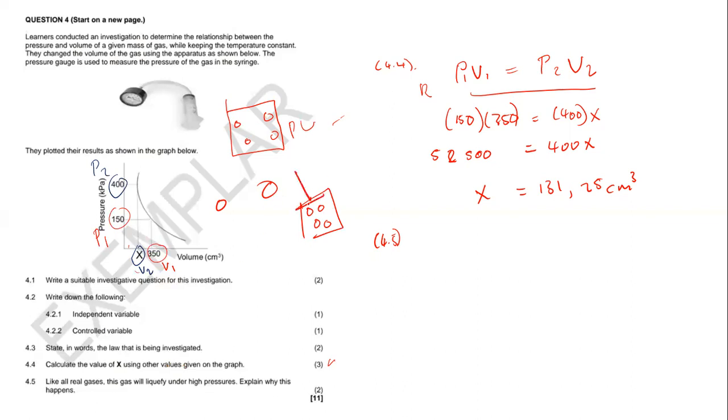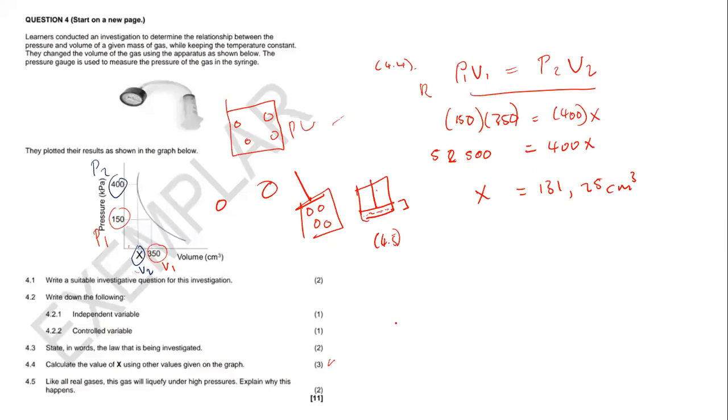So when you compress the gas, the compressor will be here, and the volume will be decreased. Therefore, these gaseous molecules will cluster at the base and form a liquid, will liquefy. So this gas will liquefy under high pressure. How do we see it's a high pressure? It's because we compressed them. They're under high pressure because we compressed them.